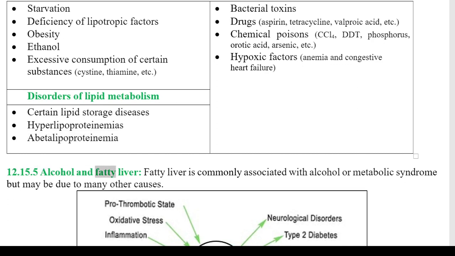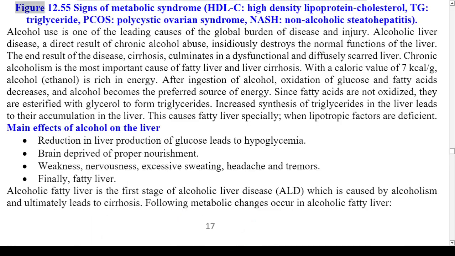12.15.5 Alcohol and fatty liver. Fatty liver is commonly associated with alcohol or metabolic syndrome but may be due to many other causes. Figure 12.55 Signs of metabolic syndrome: HDLC, high-density lipoprotein cholesterol, TG, triglyceride, PCOS, polycystic ovarian syndrome, NASH, non-alcoholic steatohepatitis.